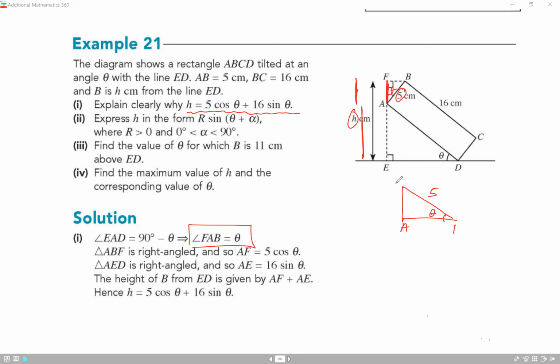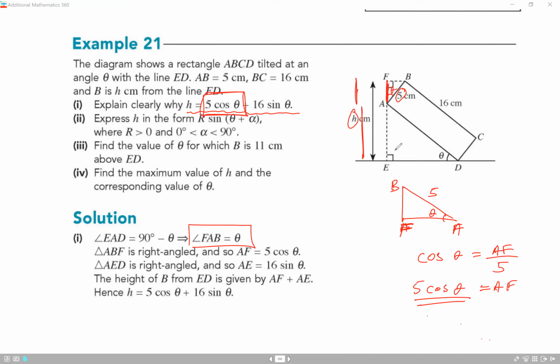This is my A, this is my F. This is my B. This is AH, so cosine theta is equal to AF over 5. So AF is equal to 5 cos theta. You get this idea? And that is over here already. You found part of the answer.